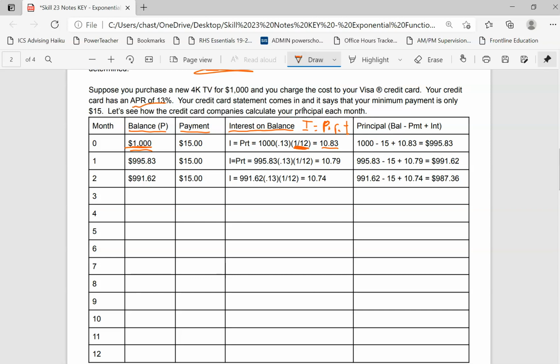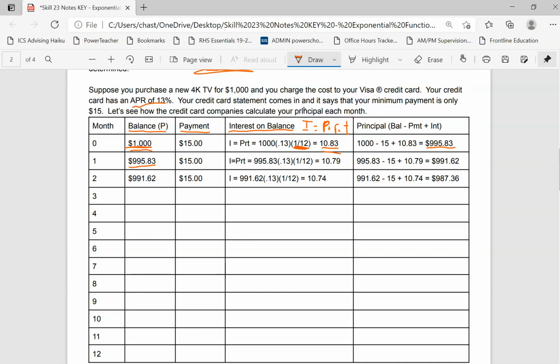So the way you would think about it is you have your balance, you subtract off what you made as your payment, but then that interest charge is going to go back into your principal, okay? So now we have $995.83. Now what we're going to do is that balance carries over to the next month, and we start the process the same.